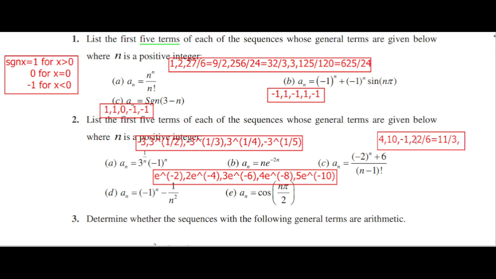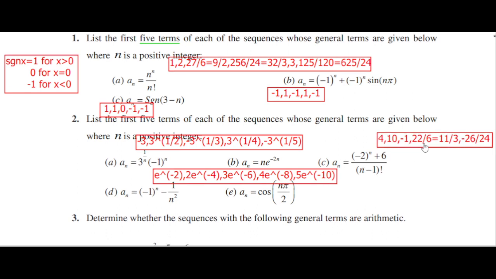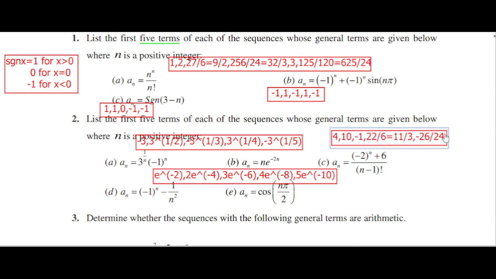The last term, the fifth term: minus 2 to the power of 5 is minus 32, plus 6 is minus 26, over 5 minus 1 factorial, 4 factorial is 24. Let's simplify this, which is equal to minus 13 over 12. These all are the first 5 terms of this sequence.